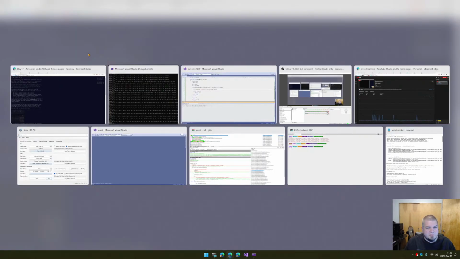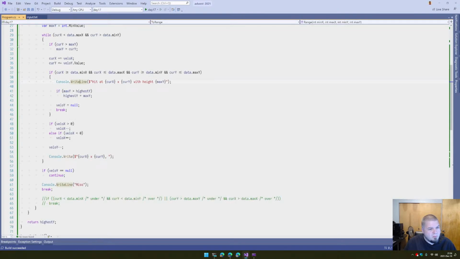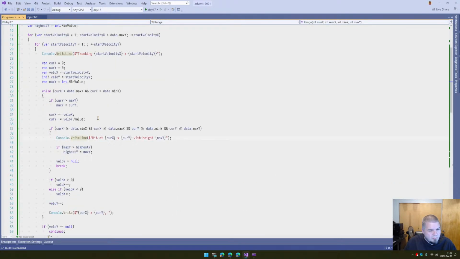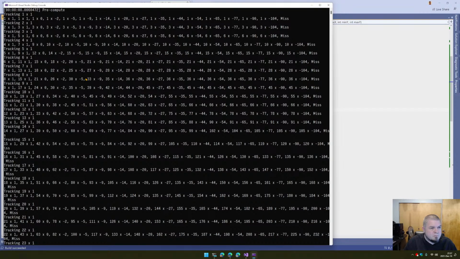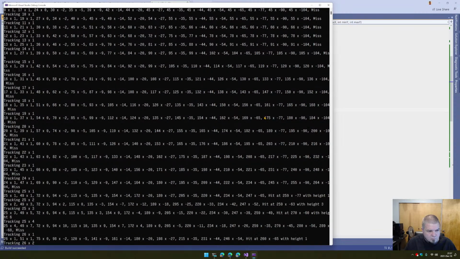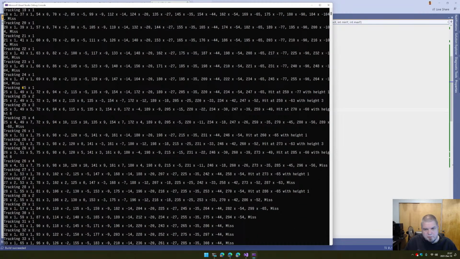So we don't know what our target is, because I don't remember. Target is -101 to -57. On our X is 257 to 286. So we start hitting at 25.